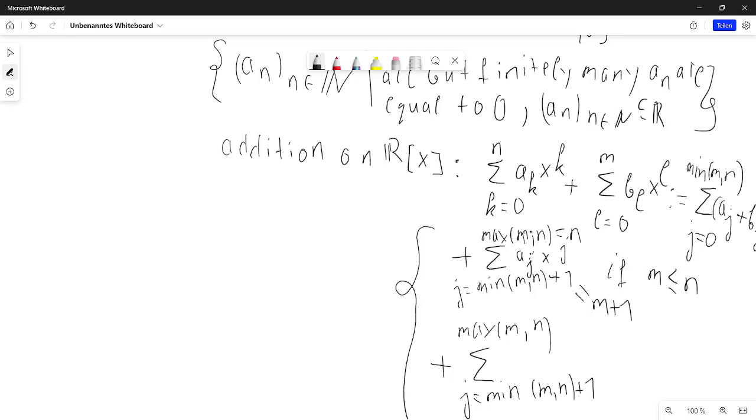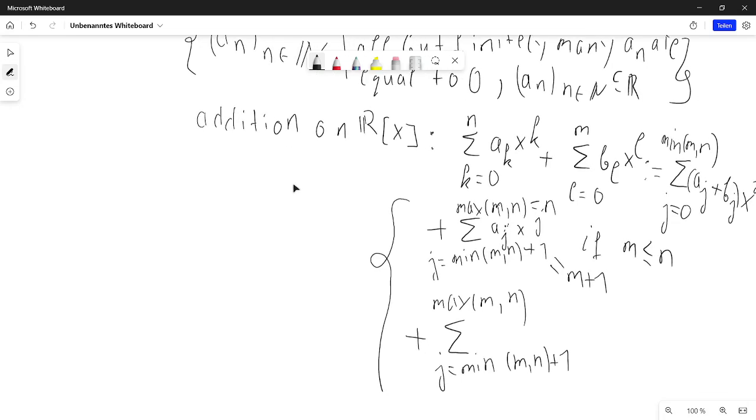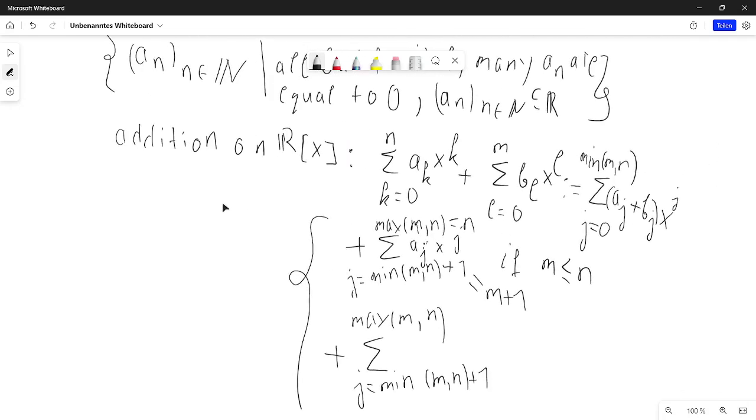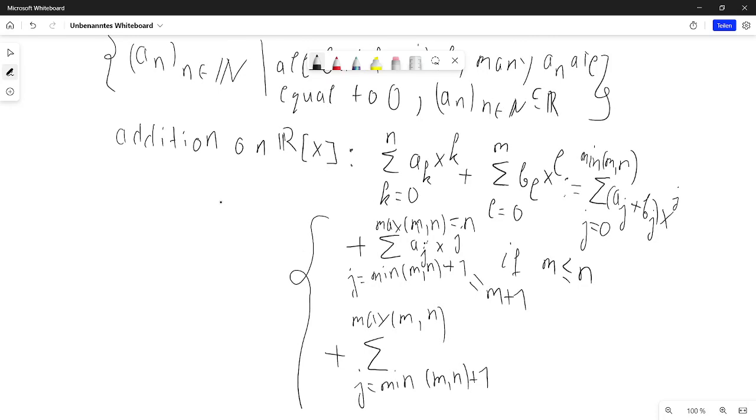For example, you would have x to the power of 3 as the highest exponent here, and here you would have x to the power of 5. And this is the larger thing, and you have just to apply this rule, and you see that this is completely natural. It's nothing difficult.